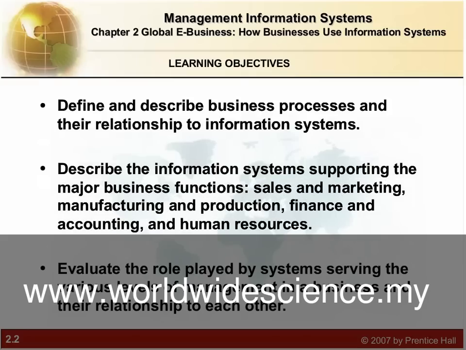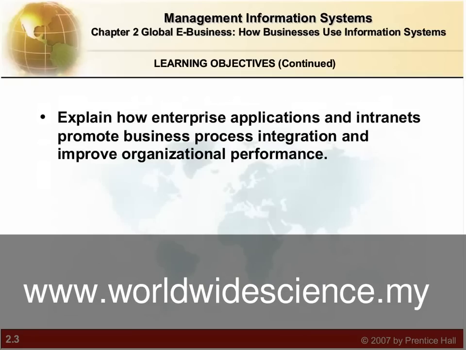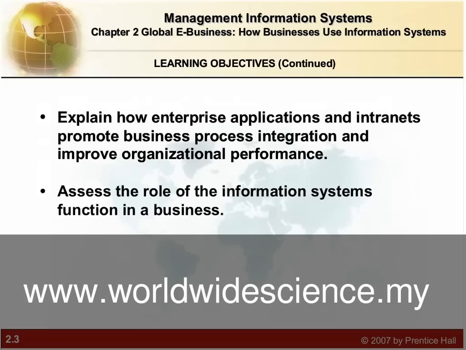Another is to explain how enterprise applications and intranets promote business process integration and improve organizational performance. And we also have another objective, which is to assess the role of the information systems function in a business. These are the objectives for today's lecture.